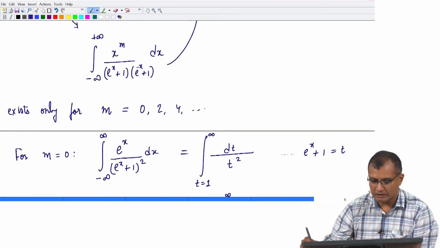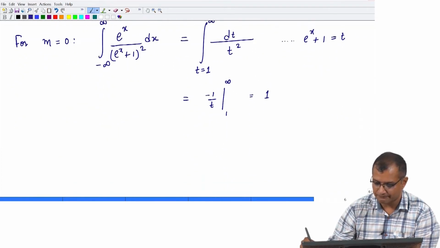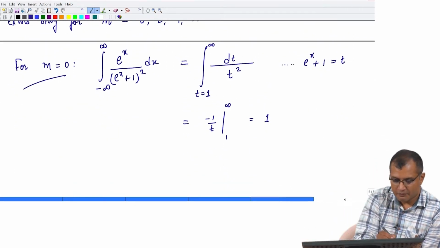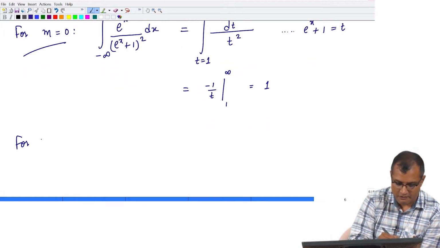So, now you can go back here and say that for m equal to 0 I have 1. Let us compute for one more value, m equal to 2.